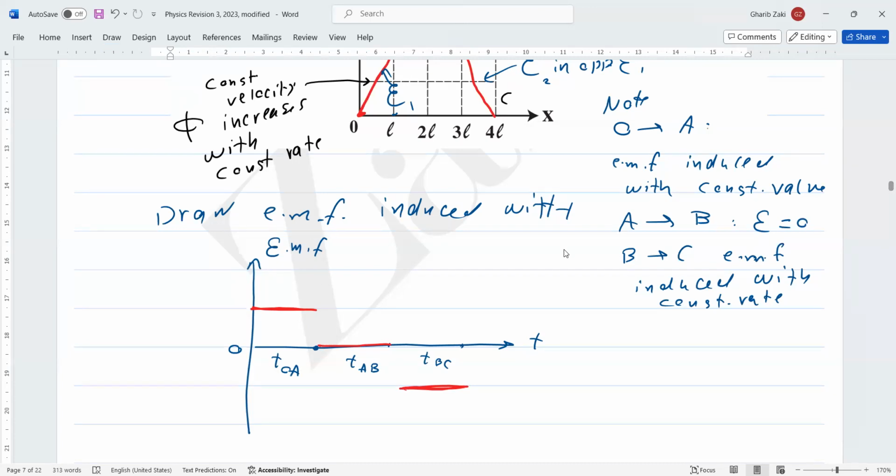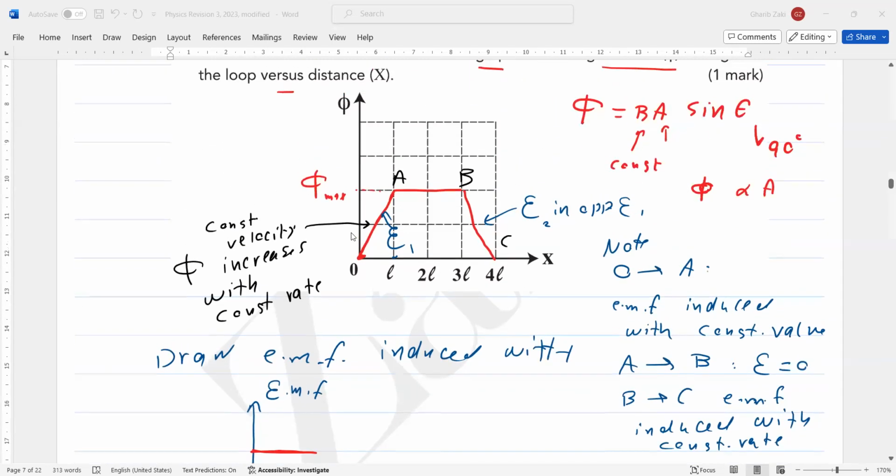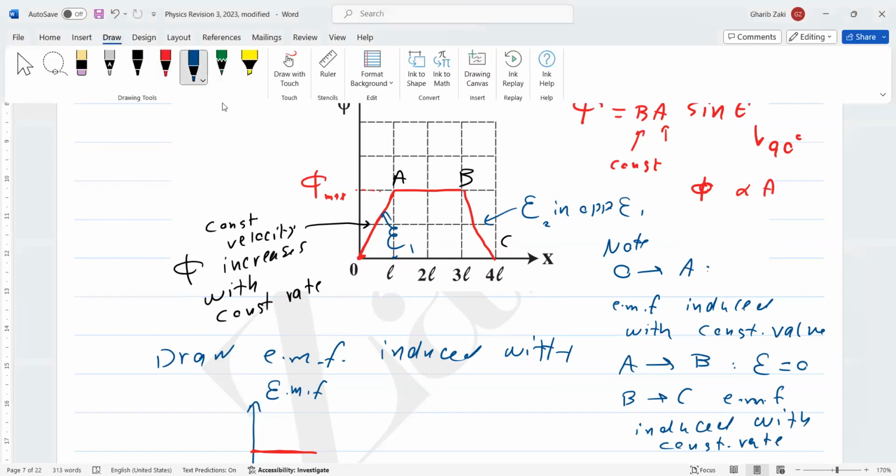Yes, question? Here it is not the EMF that is the slope. The slope of this line is the change in flux related to the displacement. So take care, my friend, we need to understand that.